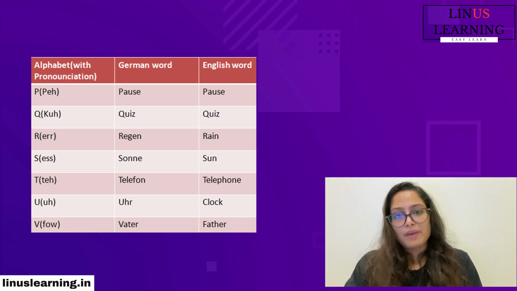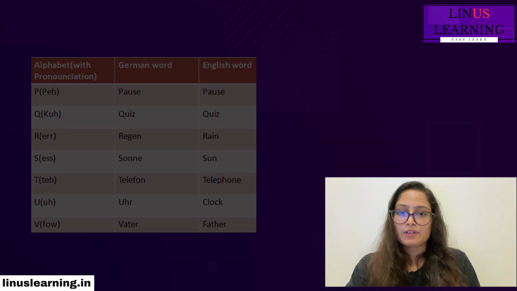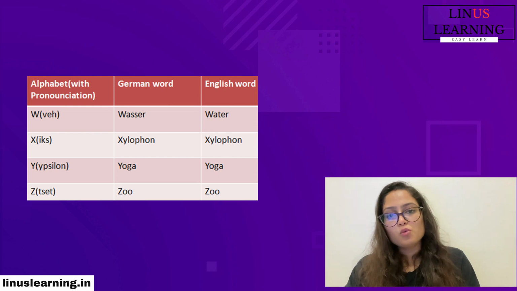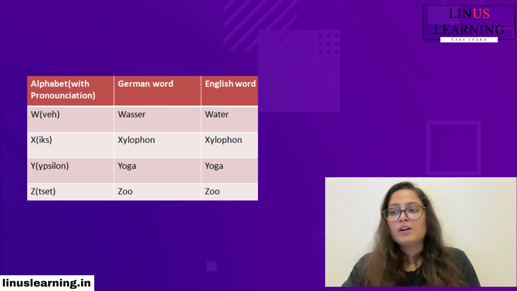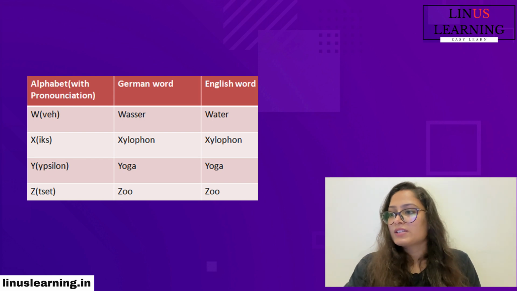Let's repeat. P wie Pause, Q wie Quiz, R wie Regen, S wie Sonne, T wie Telefon, U wie Uhr, V wie Vater, okay. Then what's the next one that we have? W, right.